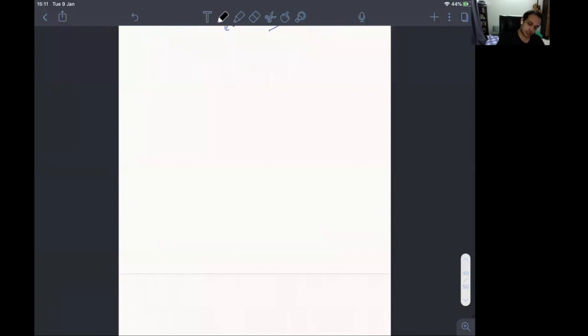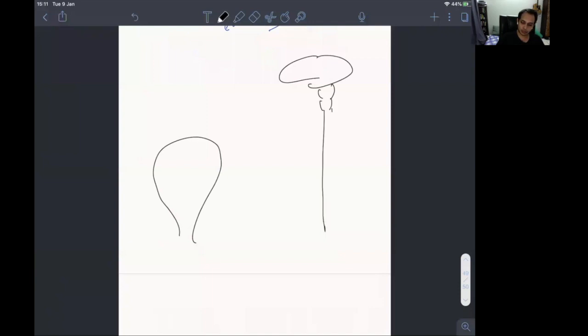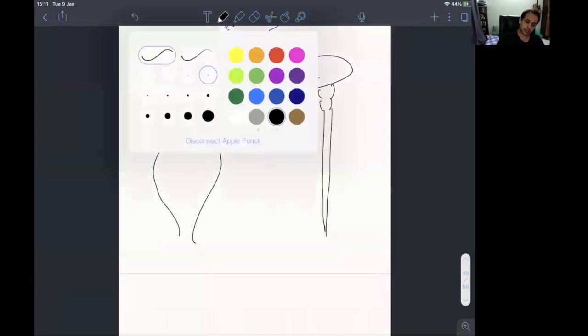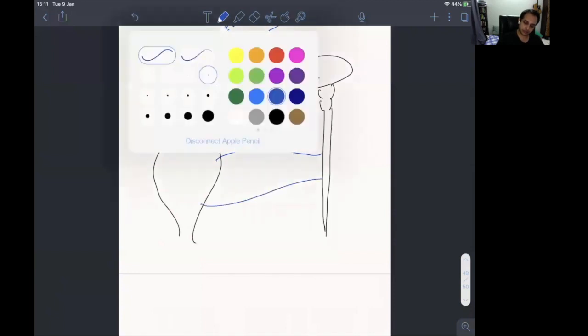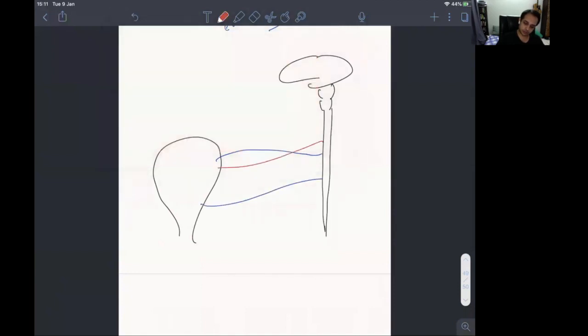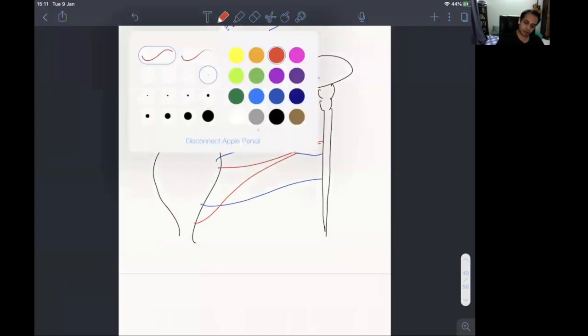Now coming to the last part, what if it's an infrasacral lesion? So now your brain is okay, your brainstem is okay, your spinal cord is okay, but there is a lesion somewhere in the nerves. Now here what will happen? So first of all, what can cause this kind of problem?